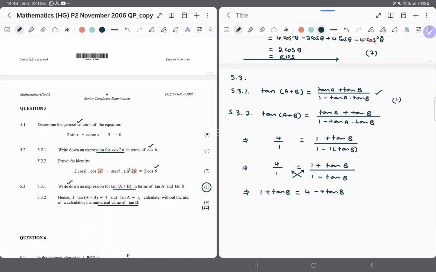Multiply 1 to each of those terms. Now we collect what we call like terms. We're going to get 4 plus 1, it's going to be 5 tan B is equal to, we bring 1 to this side, it's going to be 4 minus 1, which is 3. We divide by 5, tan B equals 3 over 5.